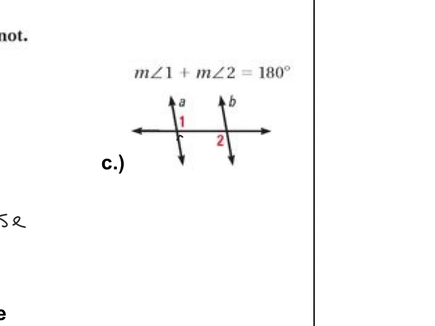The question becomes: are these on the same side of transversal T? The answer is no. So we cannot prove that they are parallel because they are not on the same side. If they were on the same side and they added to 180, that'd be a different story, but this time they do not.